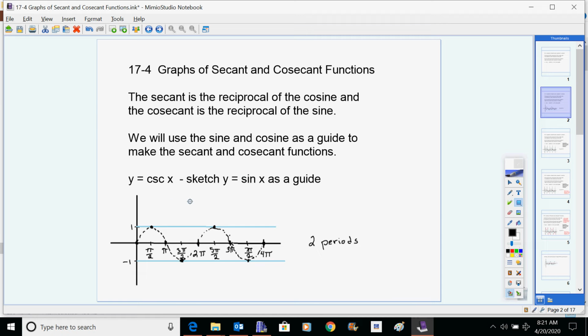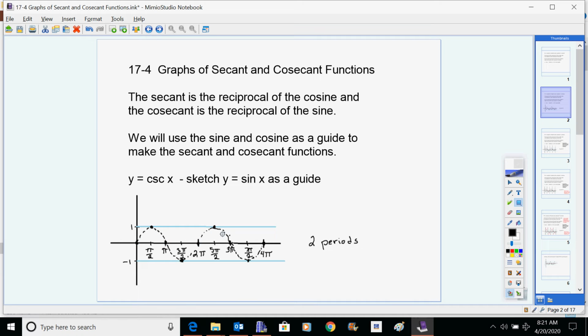Now we said that it's a reciprocal, so our y values are the values for our cosecant. If we're looking at the reciprocal of 0, throw 0 into the denominator, that can't be. So our first thing that we need to notice is that we're going to get some asymptotes.